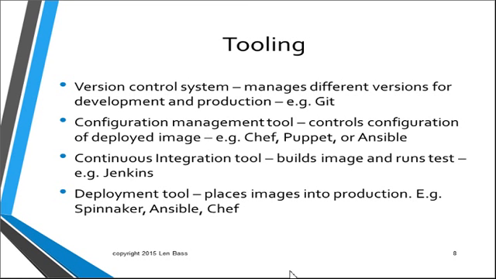I don't know if that's totally true. There's a configuration management tool, and that controls the configuration. So examples of this are Chef and Puppet or Ansible. In your assignments, you'll be using Chef this year. Last year we used Ansible.